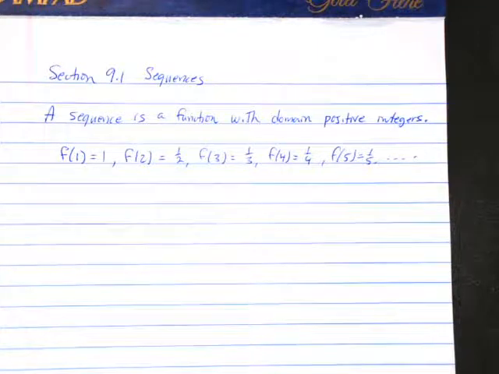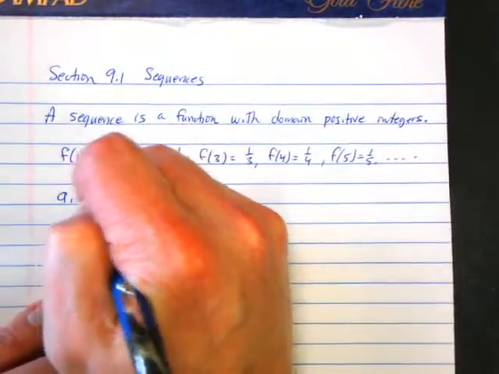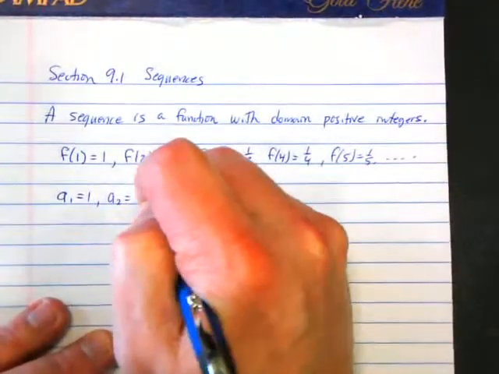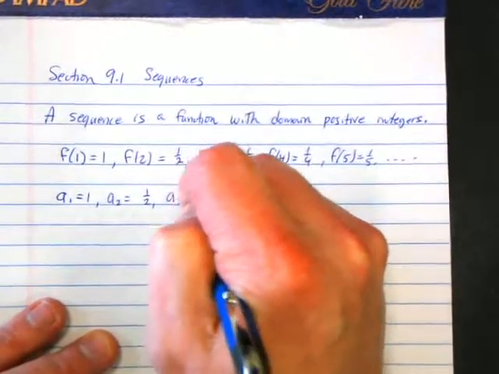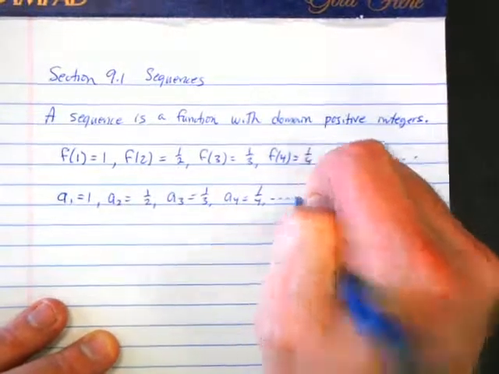Now, typically when we deal with sequences, we don't write them using function notation. And I'm sure in chemistry you don't write sequences using function notation like that. Typically we write a sub 1 is 1, a sub 2 is 1/2, a sub 3 is a third, a sub 4 is a quarter, so on and so forth.